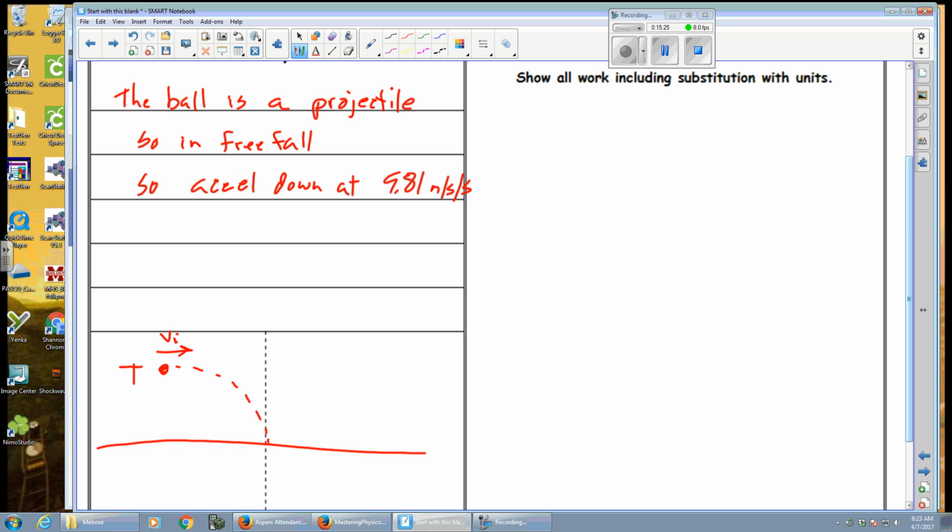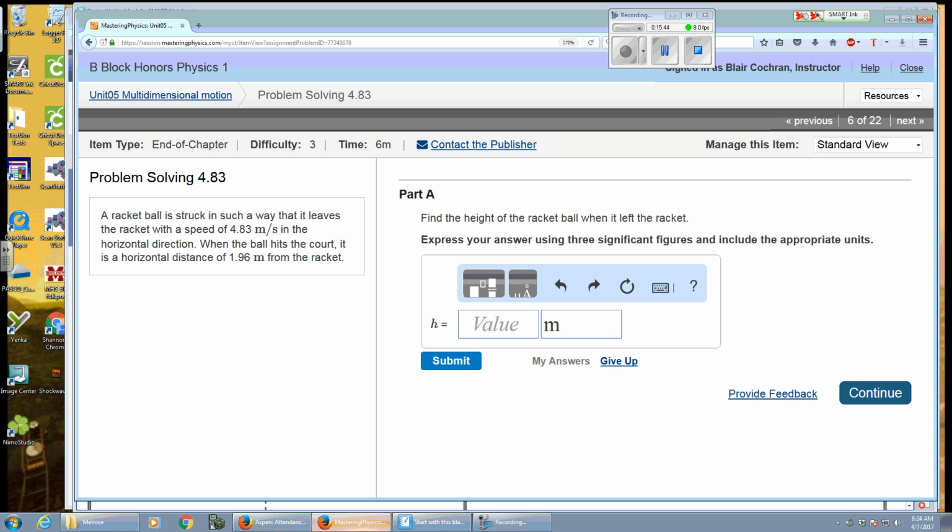It's at some height, and it moves some distance in the x direction. So I'd probably include a little sketch just to remind myself what's going on. So what do they want me to find out? It hits the horizontal; find the height of the racquetball.